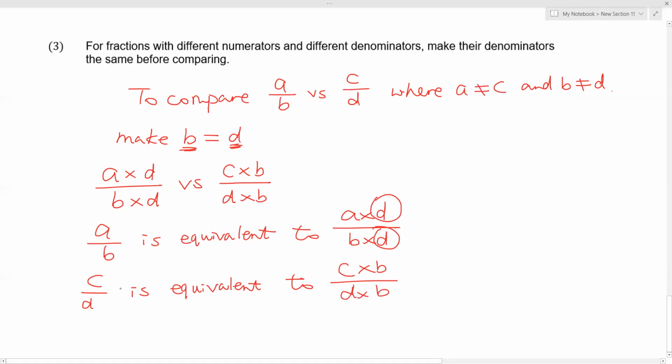Same thing: you are multiplying the numerator and the denominator by the same number, and they are equivalent fractions. If you observe here, b times d is equal to d times b. By doing this, you have made the two fractions have the same denominator. So at this time, you can compare them, and you are comparing not the original fractions, but their equivalent fractions.